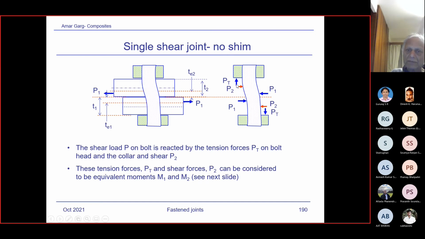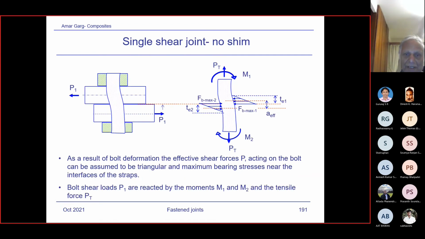So the equilibrium will be, say, when the load is being applied on the fastener, in terms of reaction, there's a reaction over here, and also there's some tension load created because that's what will react the moment. In the next slide I'll show where I've tried to show the equilibrium.